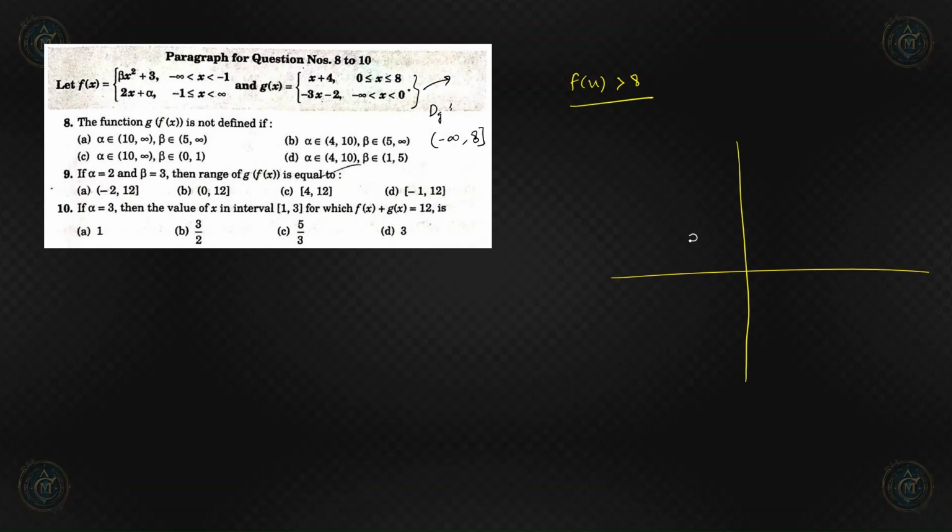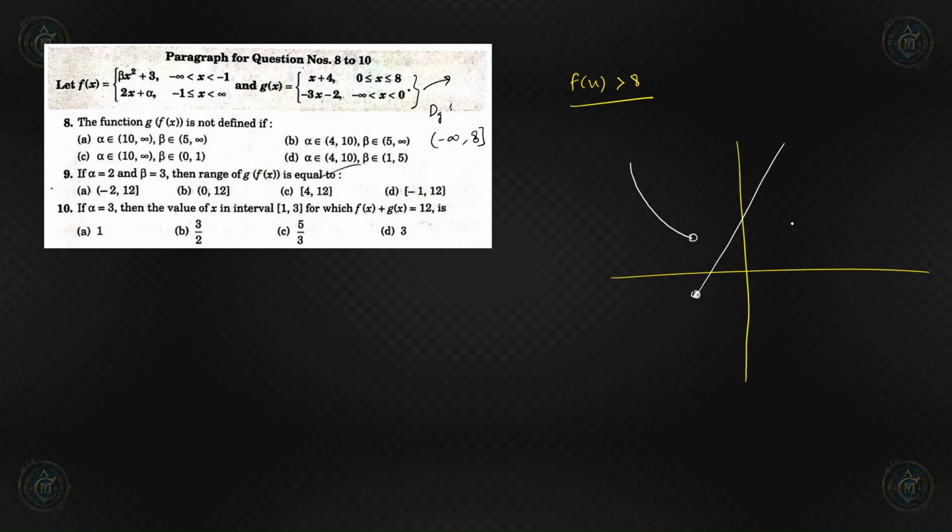So this function is tending towards β + 3 here from the left hand side. Okay, and then after x equal to minus 1, we have this line 2x + α, right? So 2x + α, at x equal to minus 1, it will be α − 2, right? So let us take this function to be like this. Okay, it is a straight line with positive slope, right?